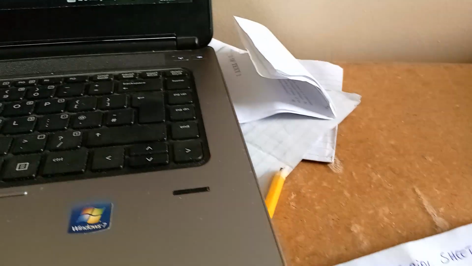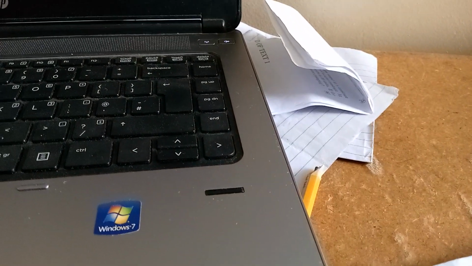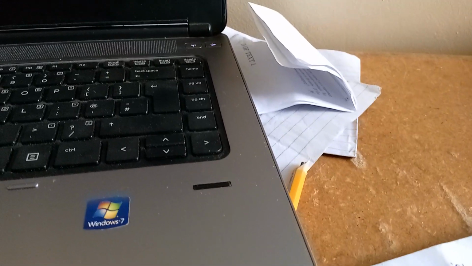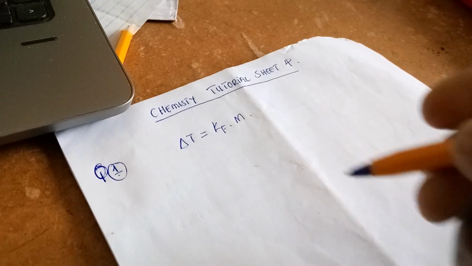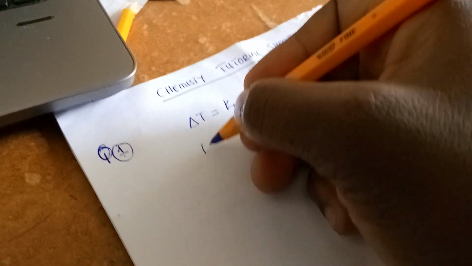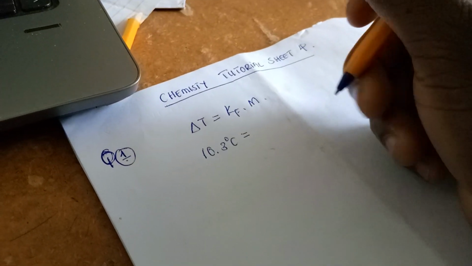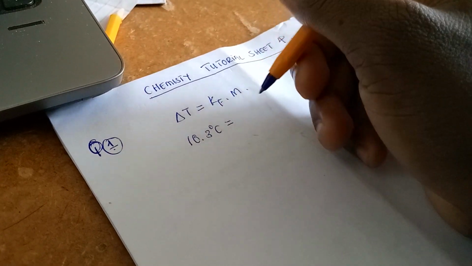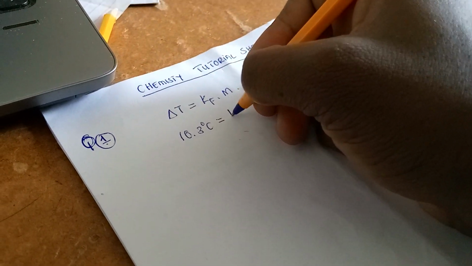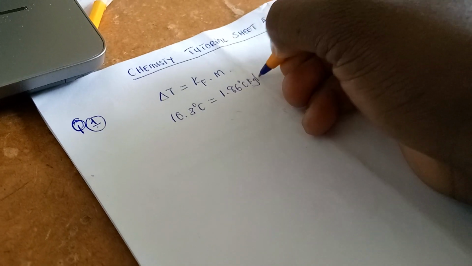Since we have been given the freezing point, which is 10.3 degrees Celsius, we are going to put the freezing point, 10.3 degrees Celsius, and we also have been given the KF constant, which is 1.86 degrees Celsius kg per mole.